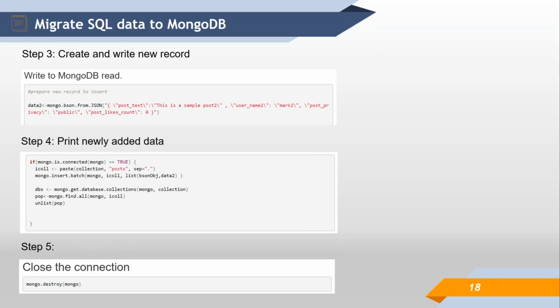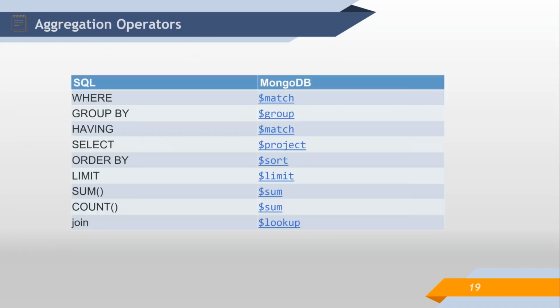Here we are adding a new record which we can take from SQL, or if you have newly coming data, you can add it directly over here. You can display it and everything. So these are the very simple steps for how we can retrieve from SQL and export it to a MongoDB database. And we need to close the connections once we do that.